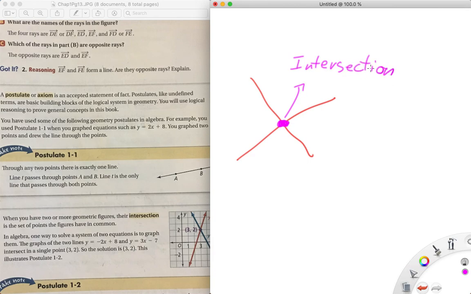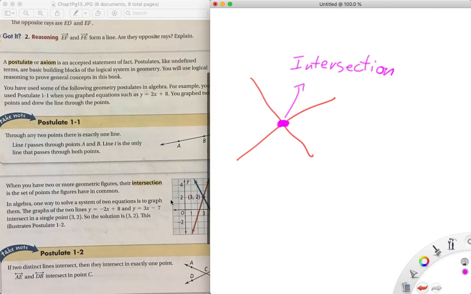Again, the definition is right there on the side, so I'm assuming you're writing the definition over there. Intersection is the point where the two geometric figures, in this case the two lines, share the same space at the same time. And that is an intersection. It can be one point, or it can be multiple points that these two geometric figures could share in space.